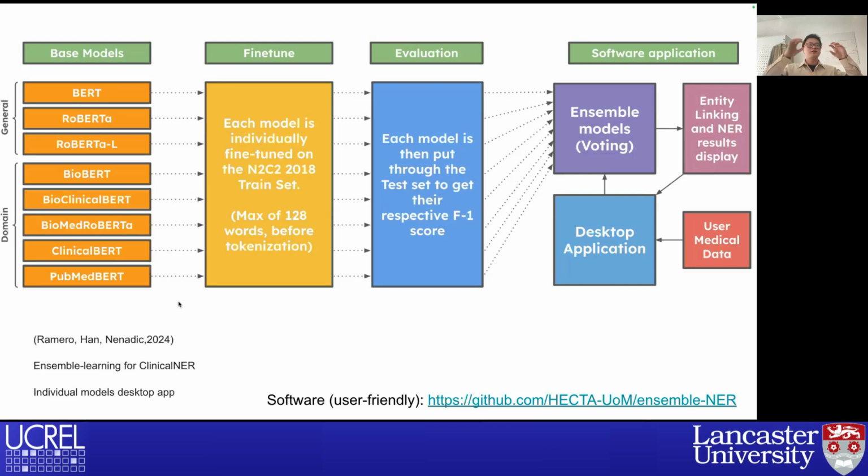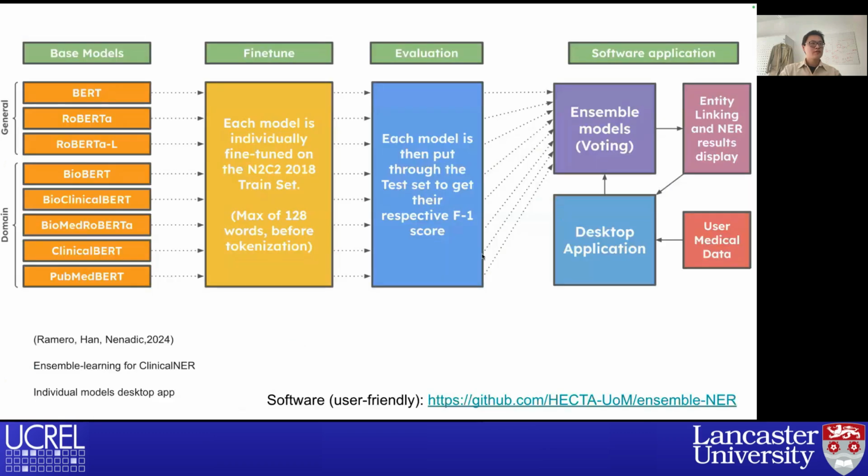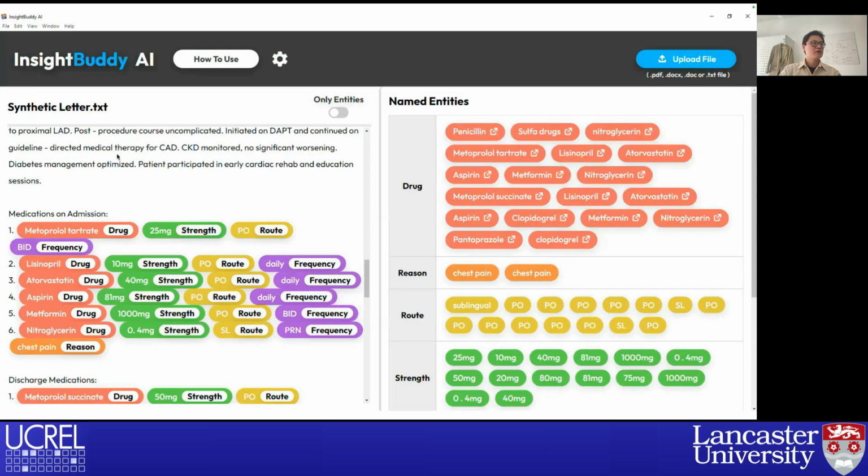For example, A, B, C, D can perform this way, but after ensemble, they can reach a higher level than each of them. That's the contribution of this work. And for this work, we have the ensemble, but we also have an interface. You can upload a TXT file or PDF file. It will label all the drugs, reasons, routes in a mostly correct manner. But the next step is how can we make the relations?